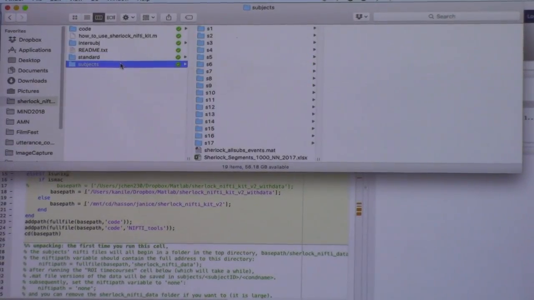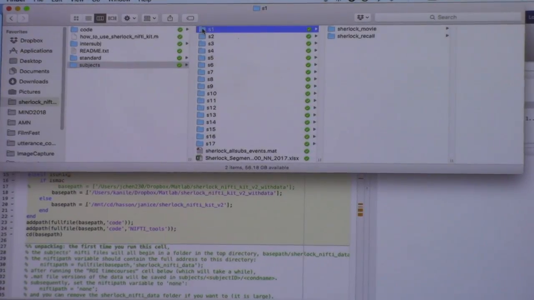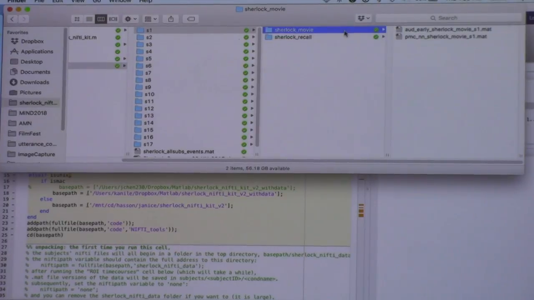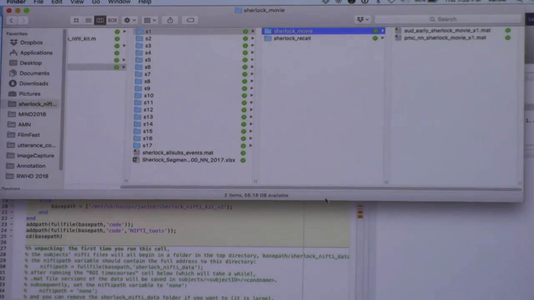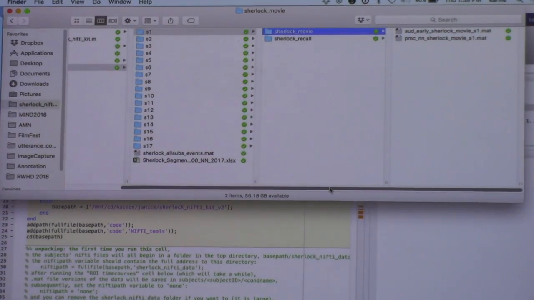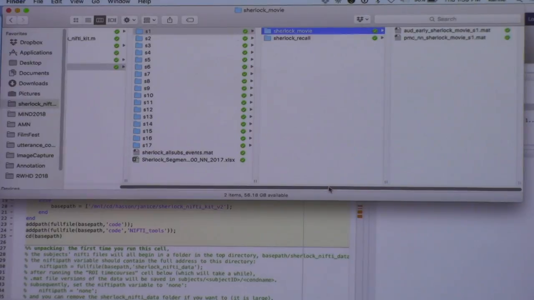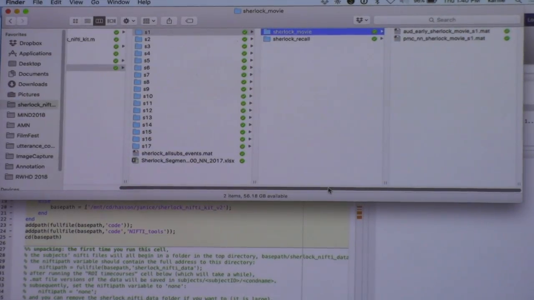Okay, so the subjects, there's 17 subjects, and in each one of these subject directories, you have your movie data and your recall data. So the movie data is already aligned across subjects, and you would expect it to be temporally aligned from the stimulus because they all saw the same movie, but it's also aligned in case the movie started a bit later or a bit earlier for various reasons in different subjects, that's been taken care of.